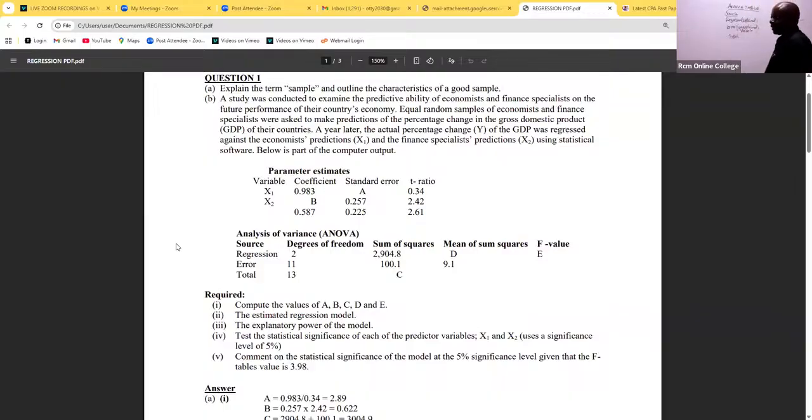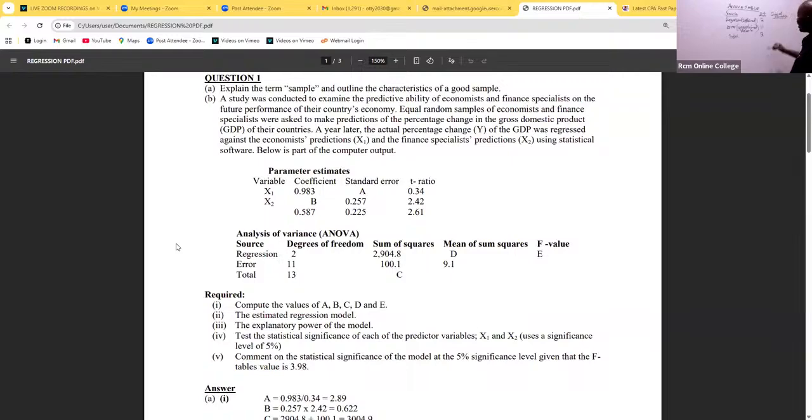And then we have what we are calling degrees of freedom. The explained degrees of freedom are 2, then 11, adding to 13. And then we have the sum of squares. What do we have here?